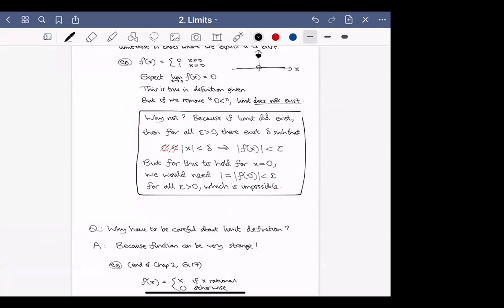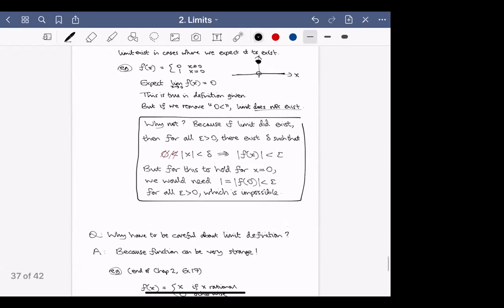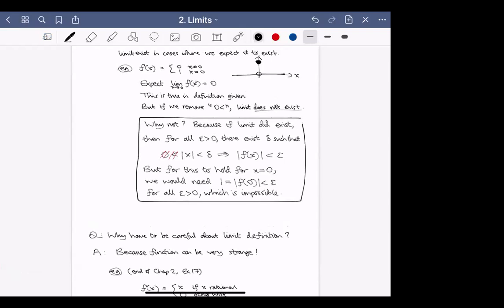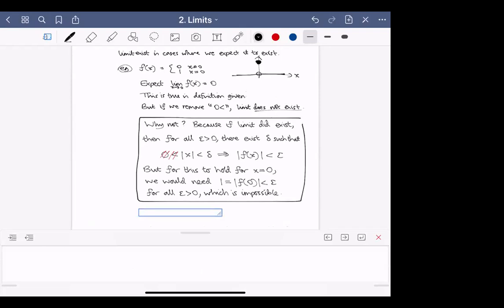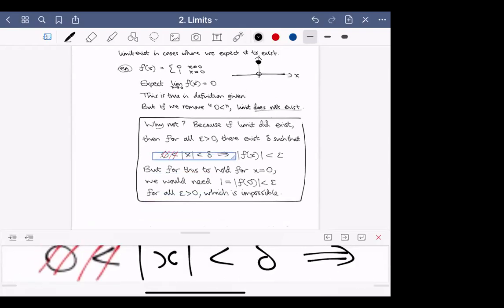Okay, so message to student Mu. I put in the notes some explanation of why, if we remove greater than 0 in the limit definition, the limit does not exist in this case.